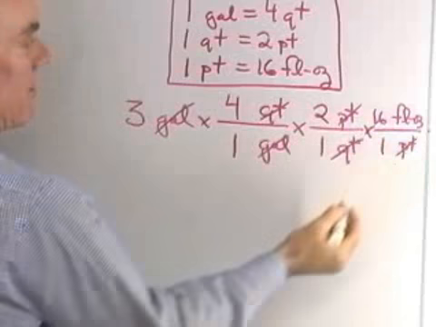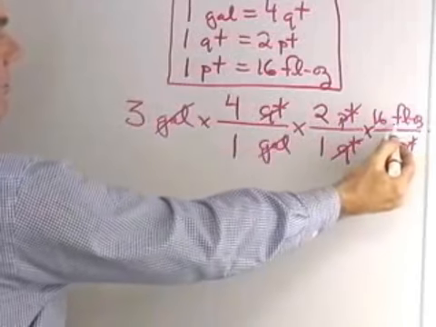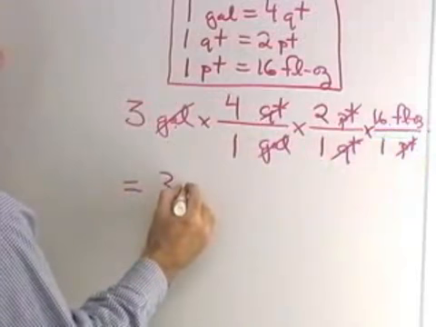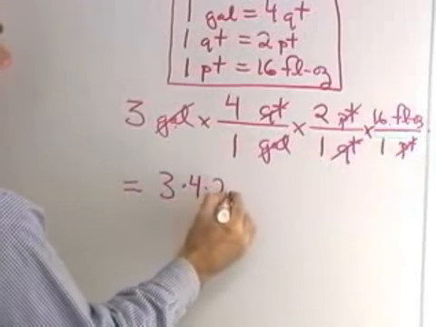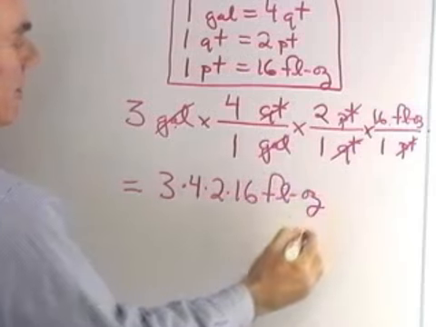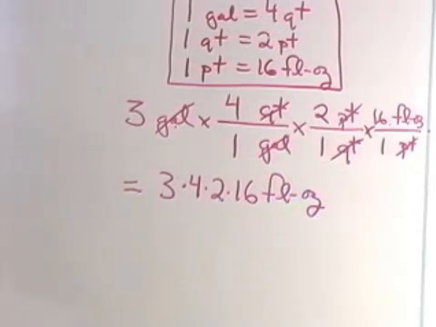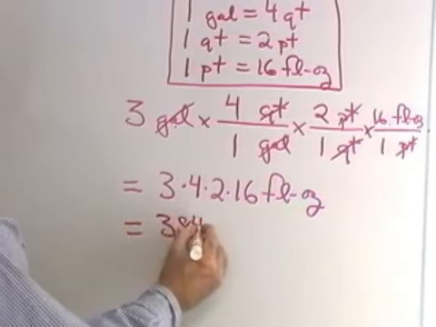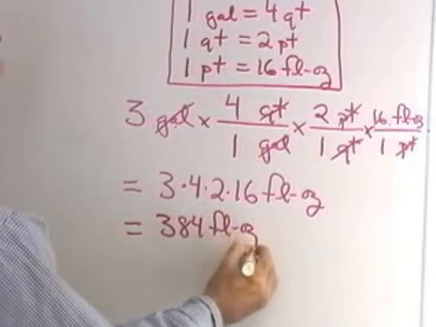My pints divide out. That will give me the total number of fluid ounces in 3 gallons. So I end up with 3 times 4 times 2 times 16 fluid ounces. Now that comes out to be 384 fluid ounces.